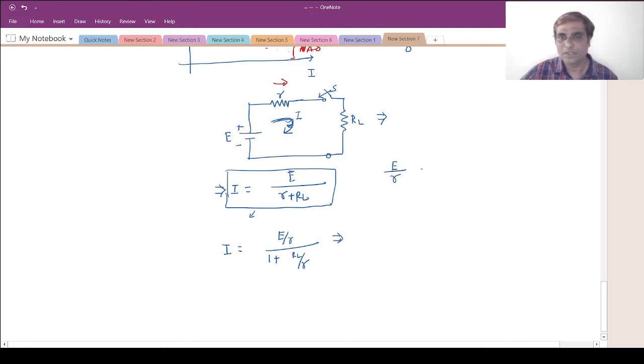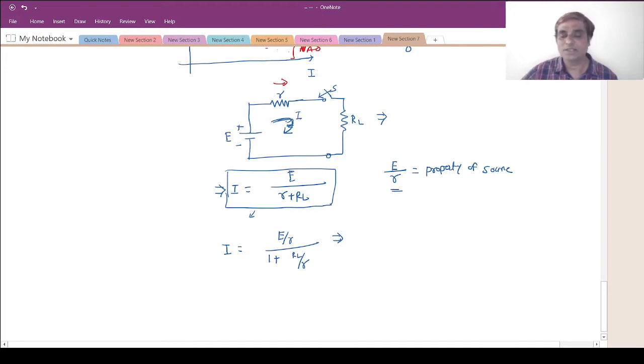This is basically the current, or I can say this is the property of the battery or the source, which has nothing to do with what kind of load I am connecting here. So this value will be decided by the battery.